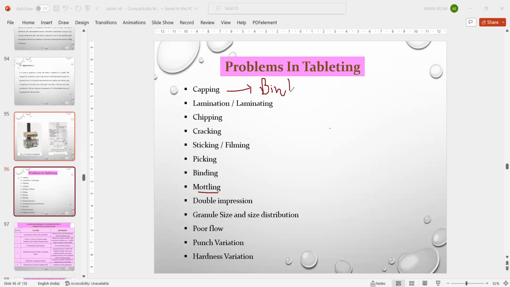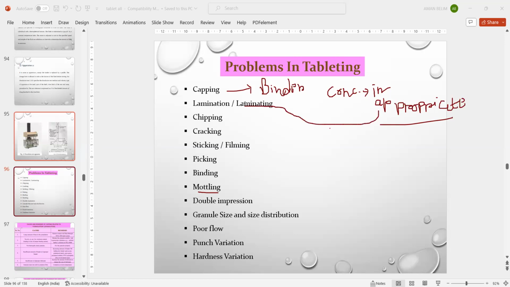If the binder concentration is inappropriate or insufficient, then also it will lead to the problem of capping and lamination. So these are the problems.